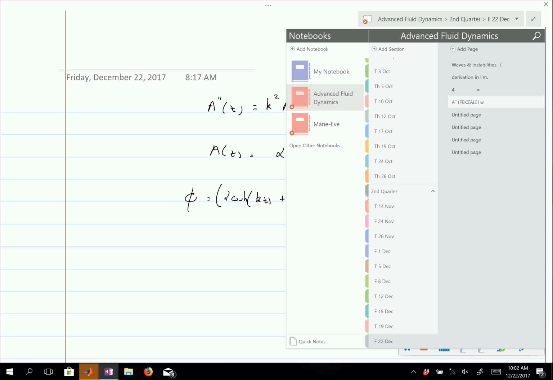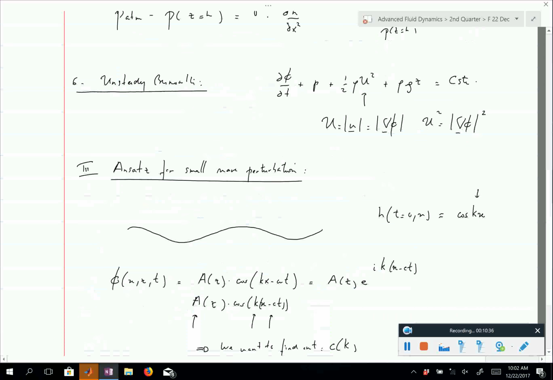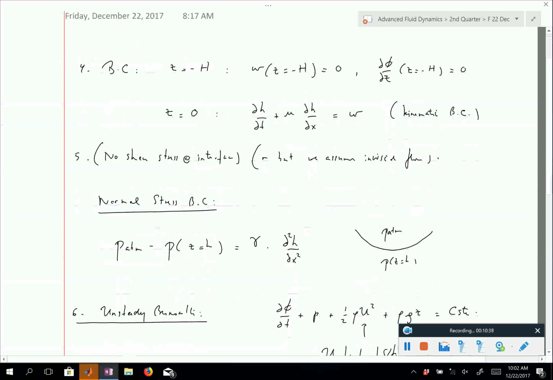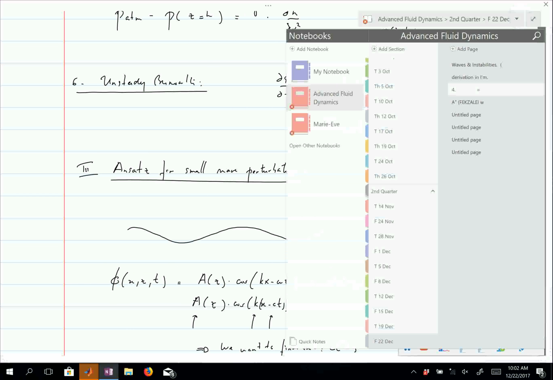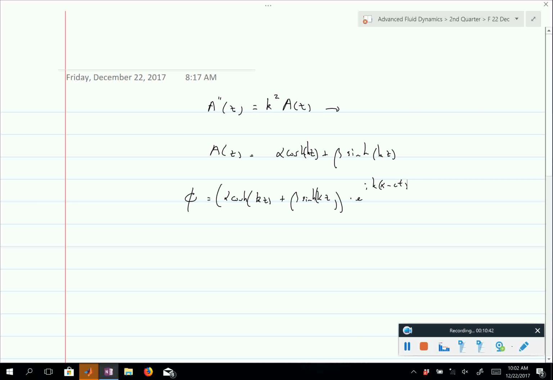It's going to be the no penetration boundary condition at the bottom. So let me see, the number is 4. Yeah. So impose 4. No penetration at z equals minus h.